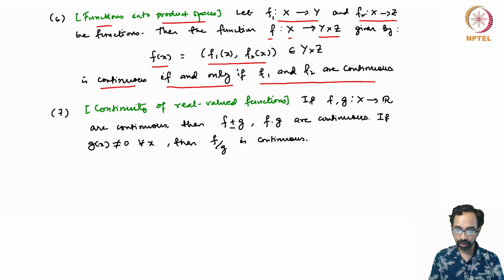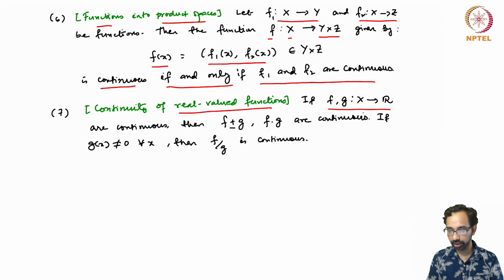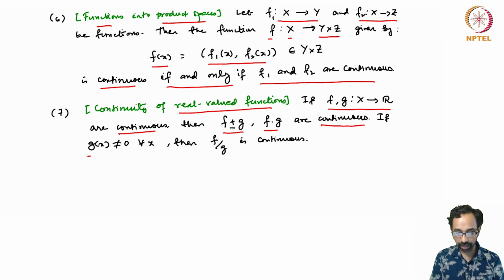Now, for continuity of real valued functions, if you have f and g from a topological space X to the real line, and they are both continuous, then the functions f plus minus g and f times g are both continuous, and if g(x) is never 0, then the division f by g is continuous.